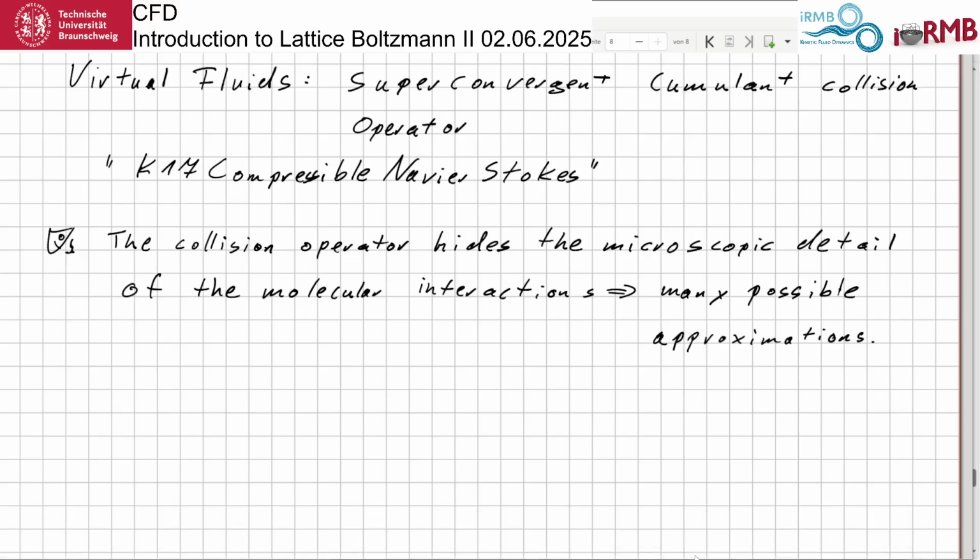So BGK, one part of the idea of BGK that we are going to keep here is that we know an equilibrium, we know the population that is coming in, and we say this population is going closer to the equilibrium. In BGK, there is only one time scale.